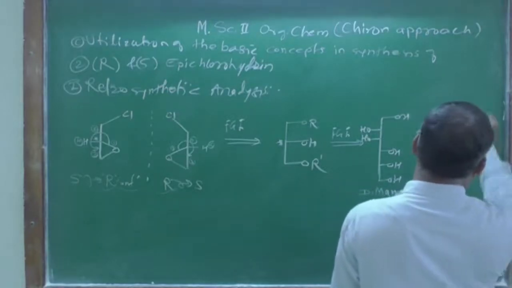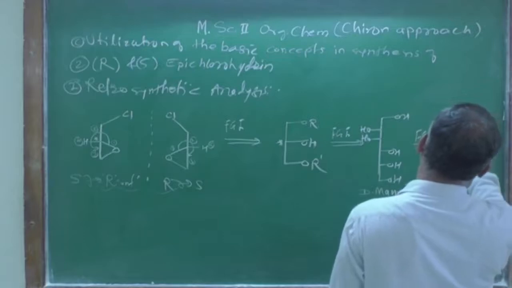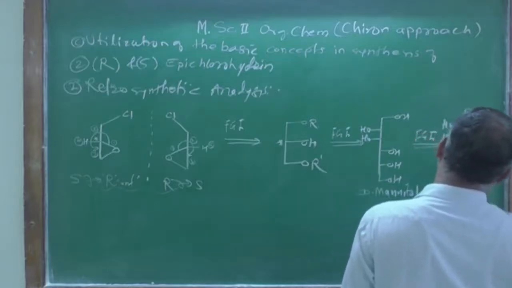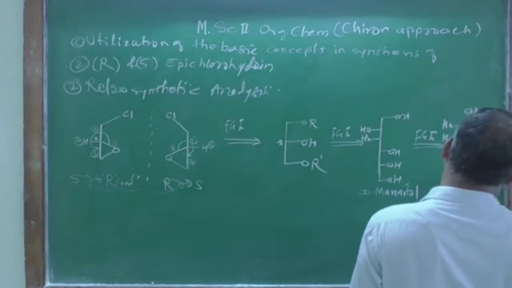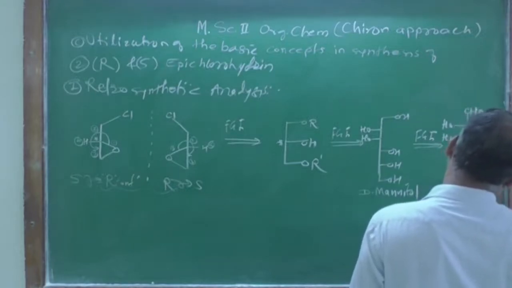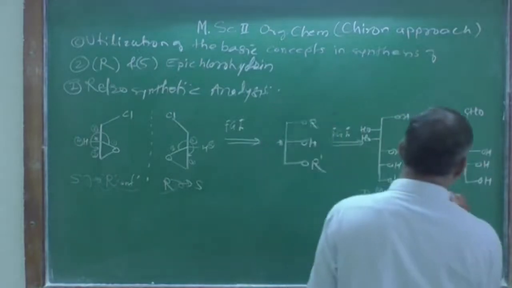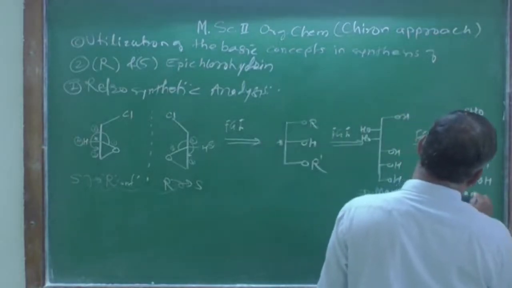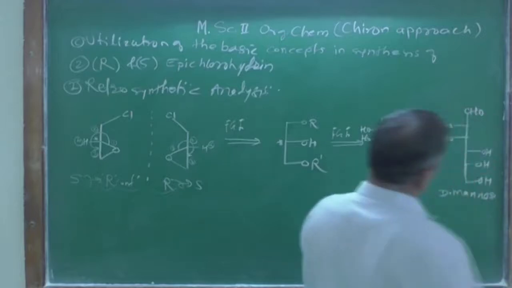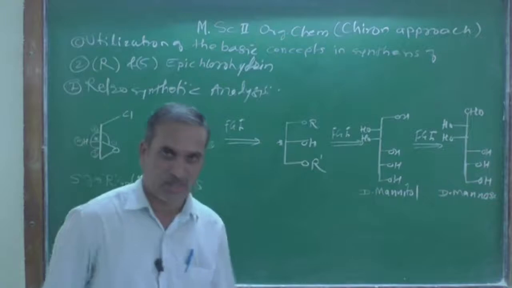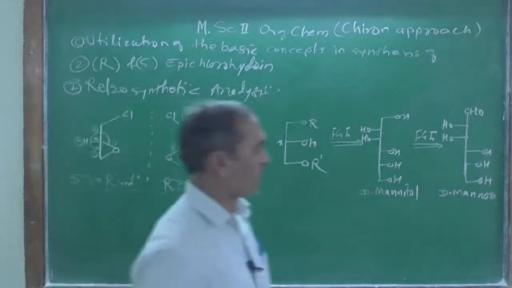Look, this is CHO, then HO and HO, two hydroxy groups on this side and 3 OH on the right-hand side, and this is called D-mannose, and this is D-mannose, as we know, the starting material or the chiral precursor.